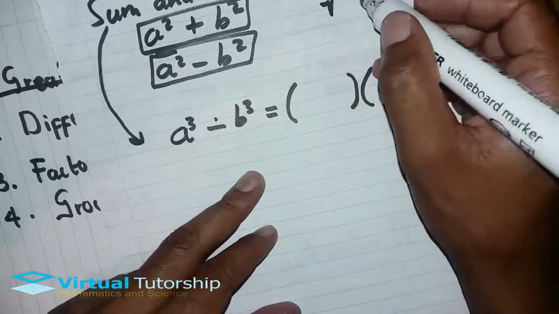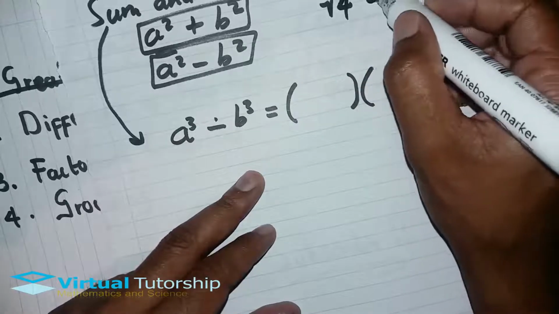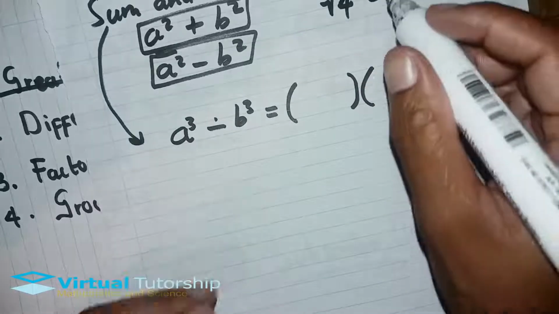A square root is something like this: say under the square root is 4, the answer will be 2.